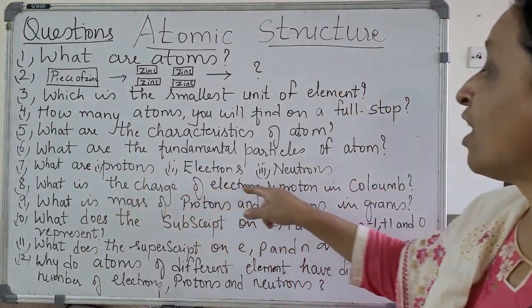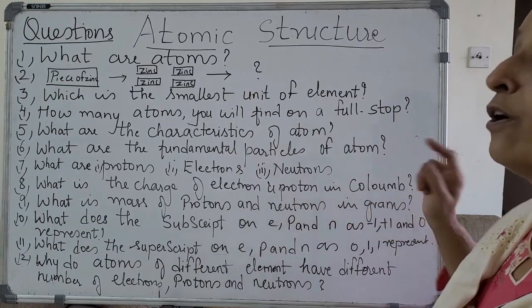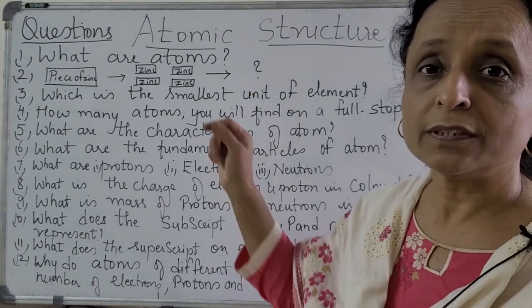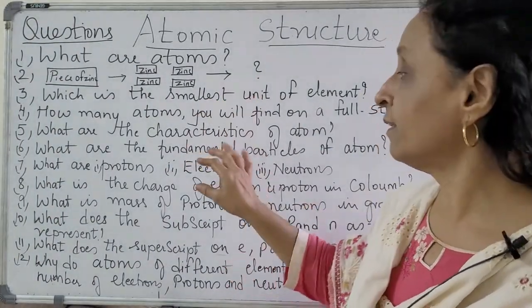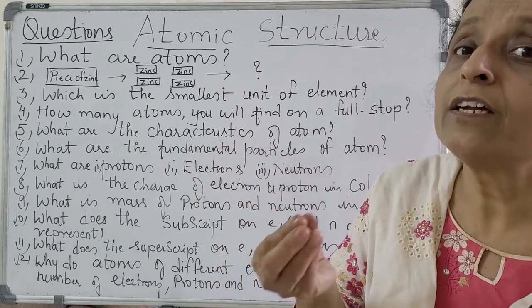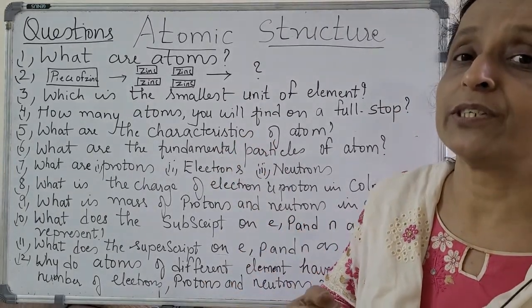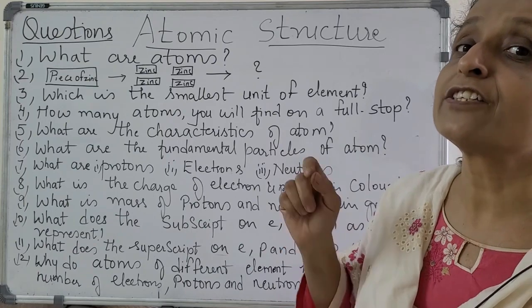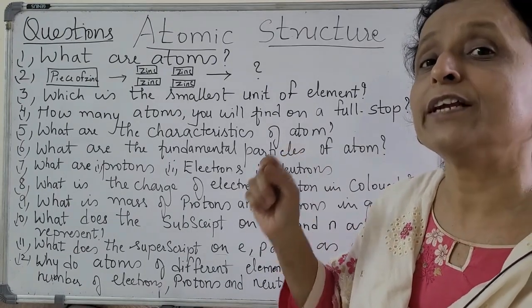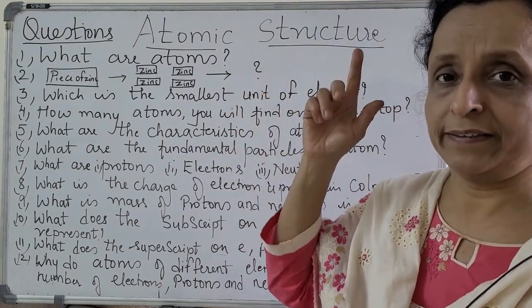Now, what is the charge of the electron and protons in Coulomb? This is taken as unit up till here, but now in Coulomb, what is the charge? It is 1.602 into 10 raised to minus 19.